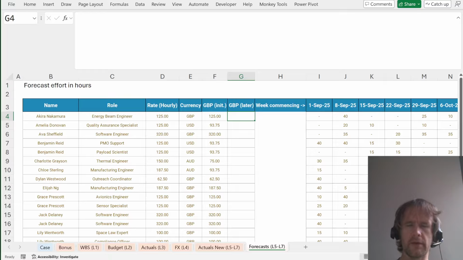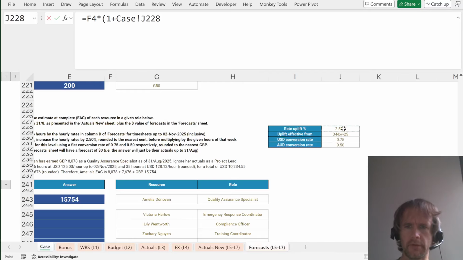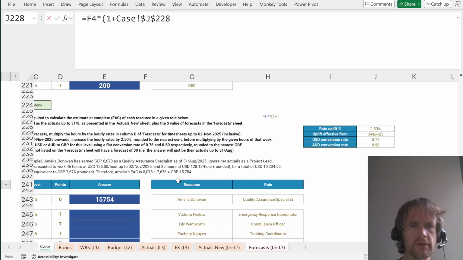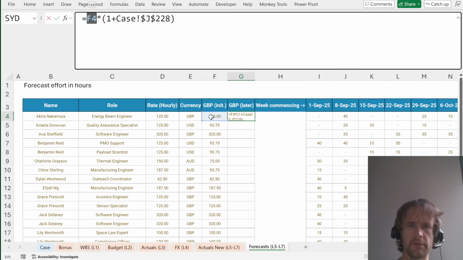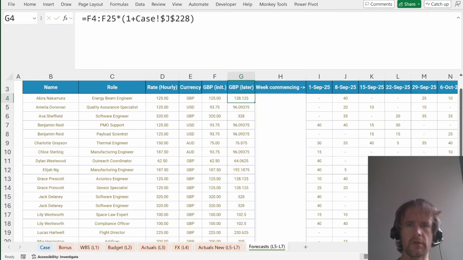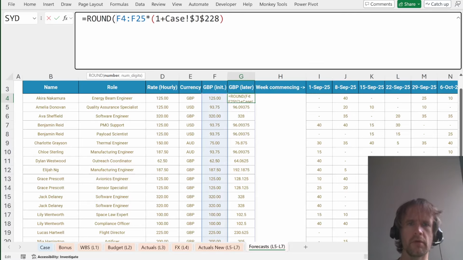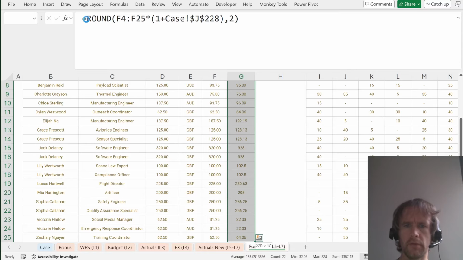Fine. And then it's this times 1 plus increase rate rounded to the nearest cent, I think it said. Yes. I suppose we can just do the whole thing at once. Okay.